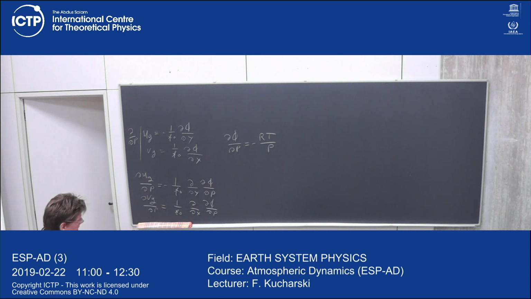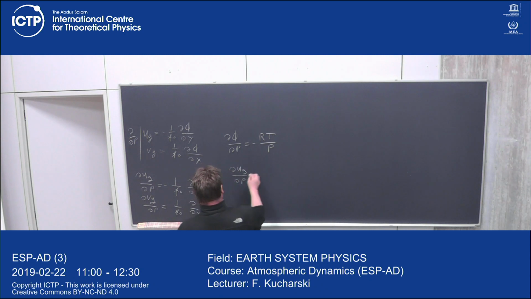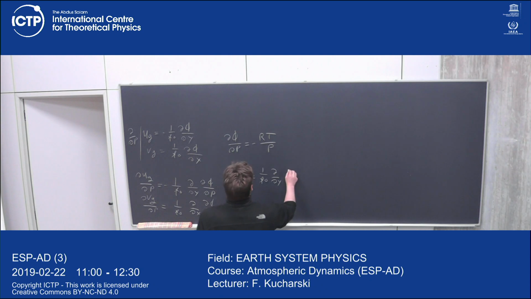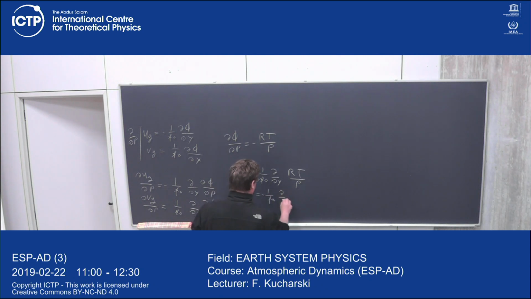If we insert that here, we get d u_g by dp equals, minus goes out, 1 over f naught, d by dy, RT over p, and d v_g by dp equals 1 over f naught, minus sign, d by dx, RT over p.